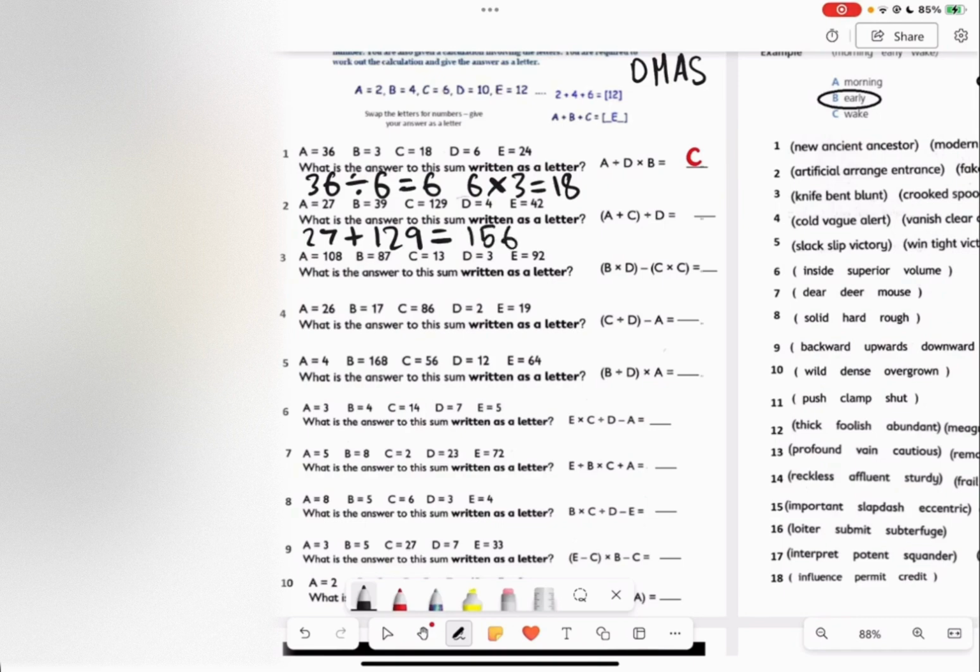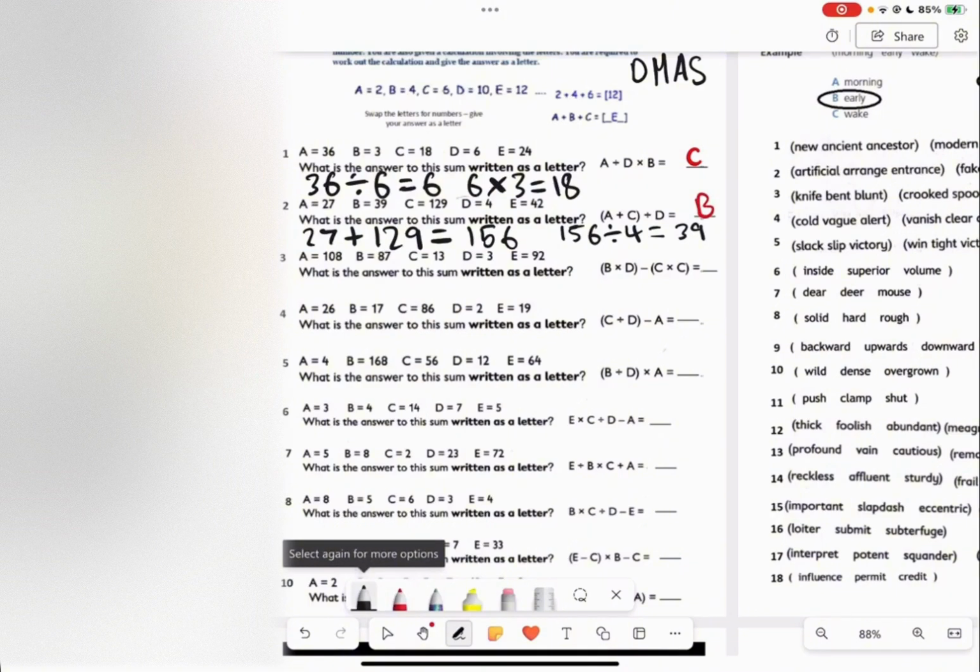Then we do 156 divided by 4. And that is equal to 39. And 39 as a letter will be B. So our answer to question 2 is B.